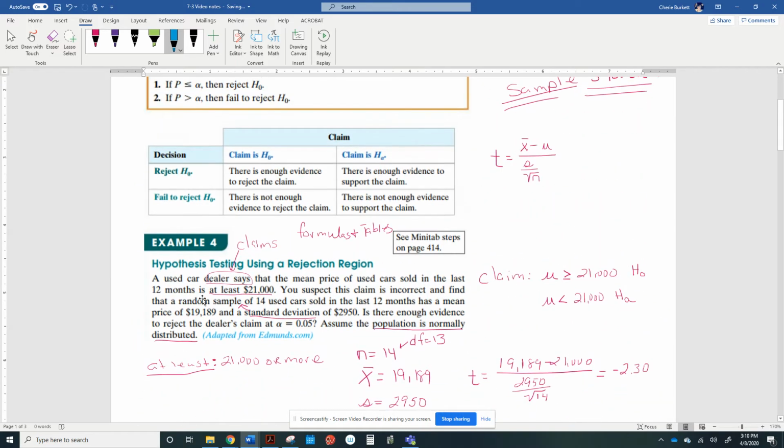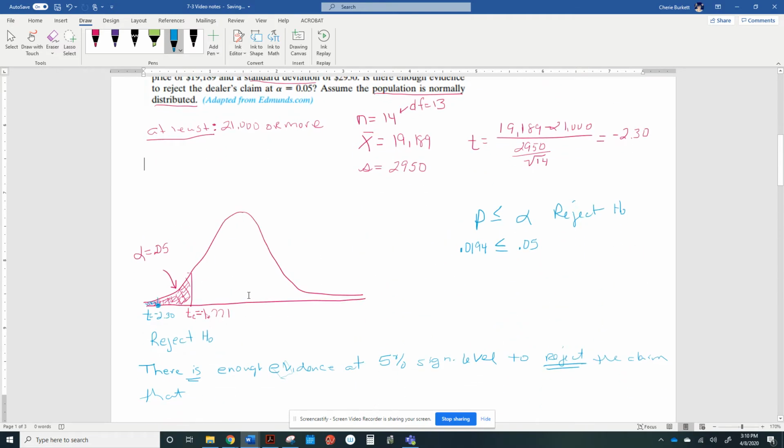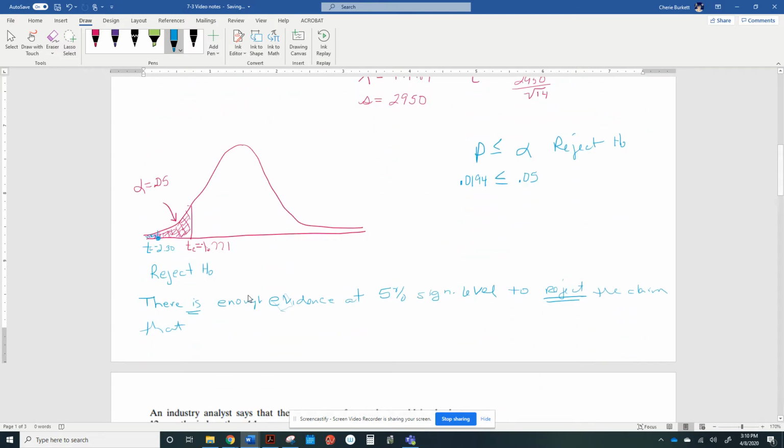That the mean price of used cars is at least $2,100. That the average price of a used car is at least $2,100. So there's enough evidence for us to reject that claim and say, nah, we don't buy it.